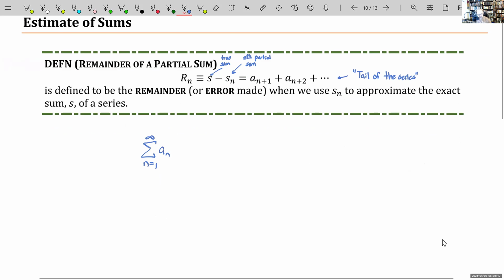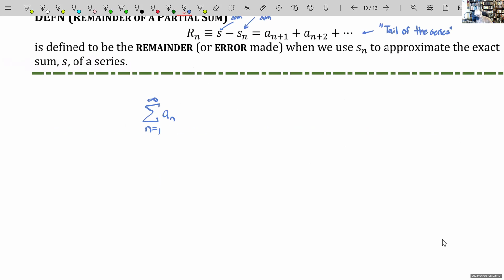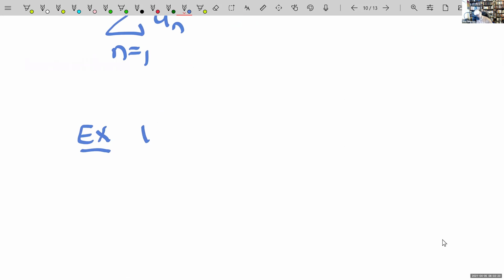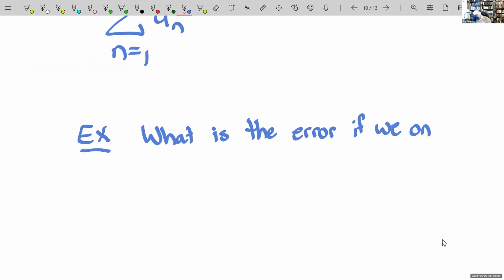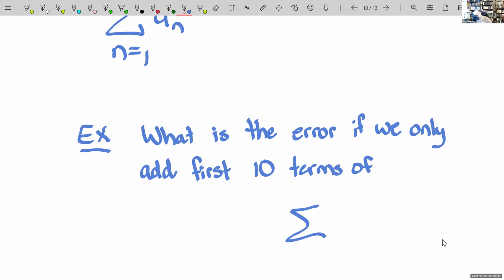So if somebody says, hey, I need to know, for example, what is the error if we only add the first, let's just say, 10 terms of the series n equals 1 to infinity a sub n?